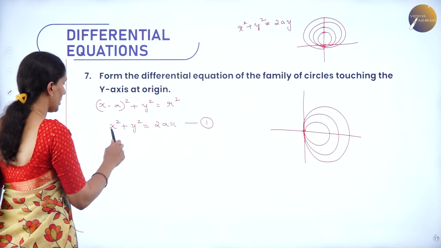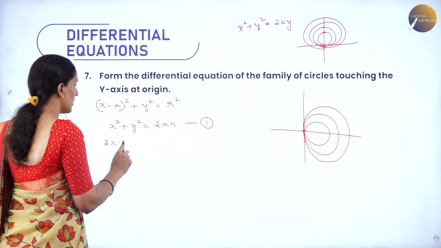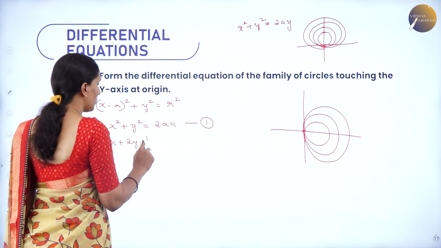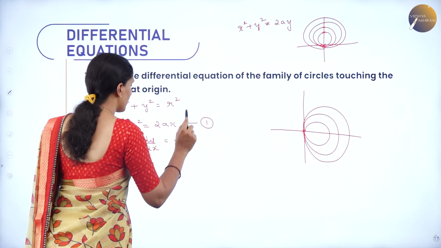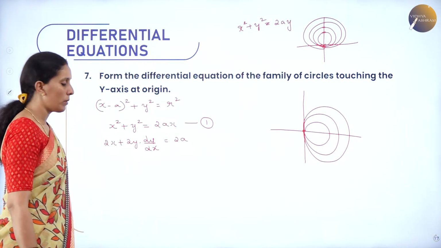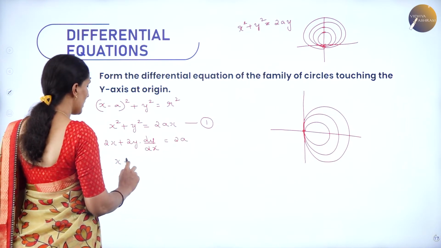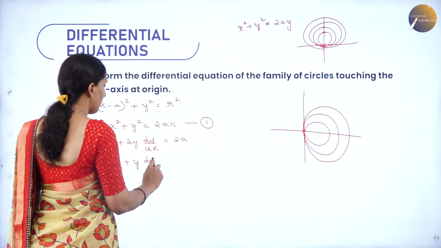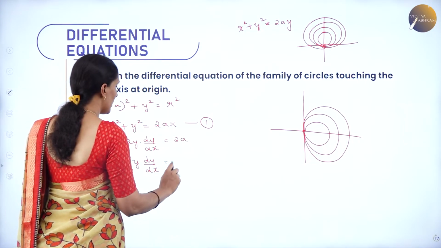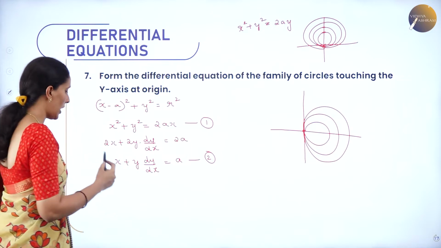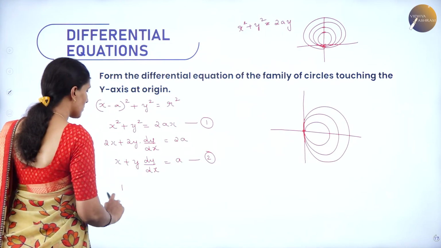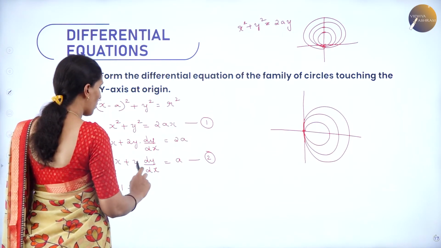Now let us differentiate it. So we have 2x plus 2y into dy by dx is equal to 2a. We can cancel 2 on both sides. Then the equation becomes x plus y dy by dx is equal to a. Let me take it as equation 2. Let us differentiate it again. Derivative of x is 1. Here we have to apply the product rule.